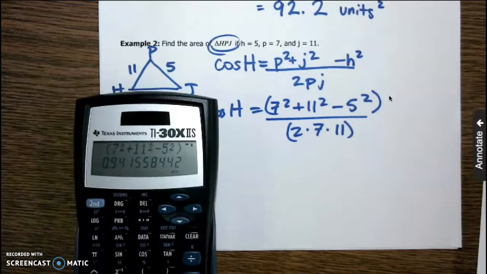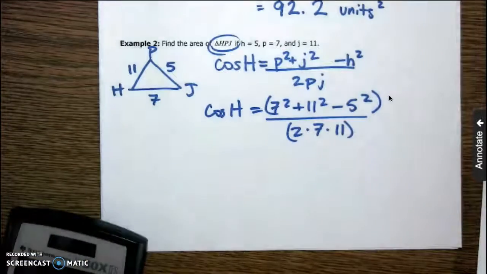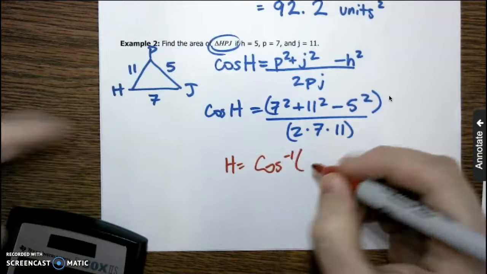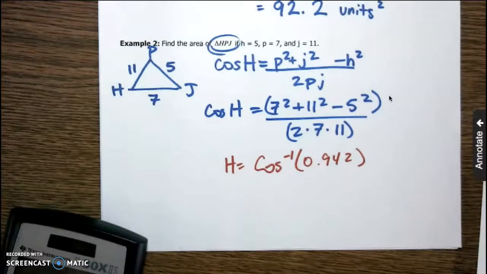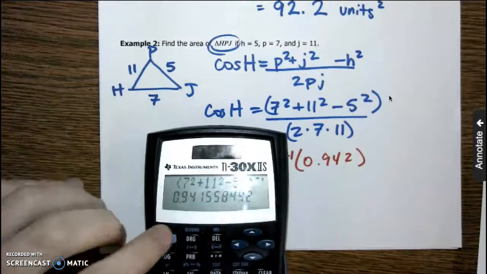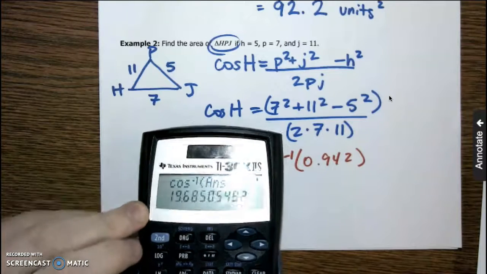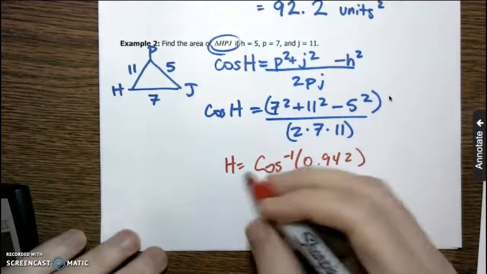You're going to get a decimal, and make sure you do the inverse cosine of that decimal. So we're going to take the inverse cosine of 0.942. So if I do second cosine to get inverse of second answer of that answer, I get 19.7 for my H.